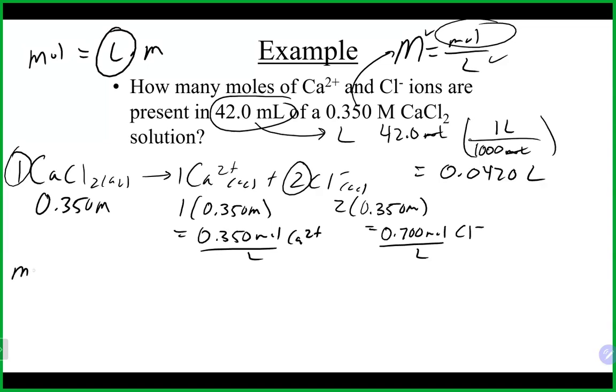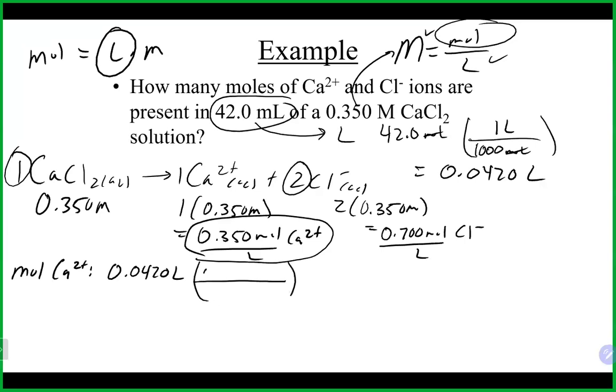So if I want my moles of calcium, I'm going to take my volume in liters, and I'm just going to use it like it is. It's actually in the right orientation there to do a little dimensional analysis. Liters will cancel, and that's going to get us 0.042 times 0.35, 0.0147.